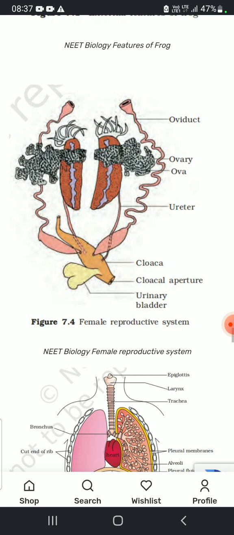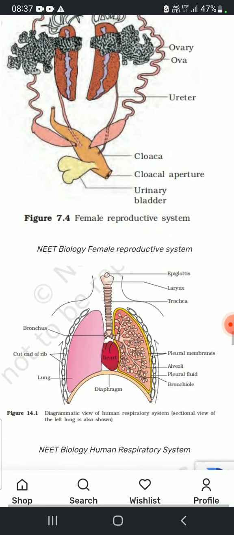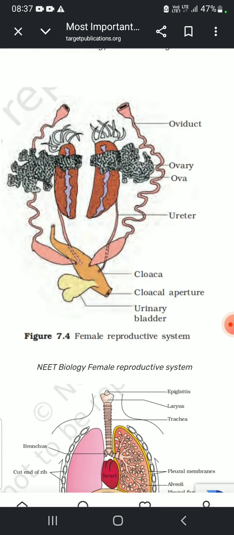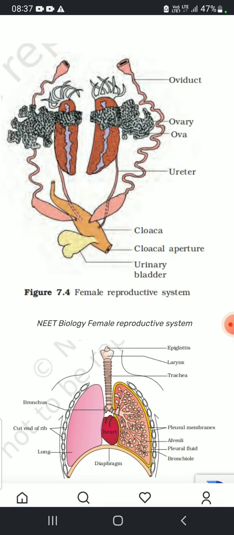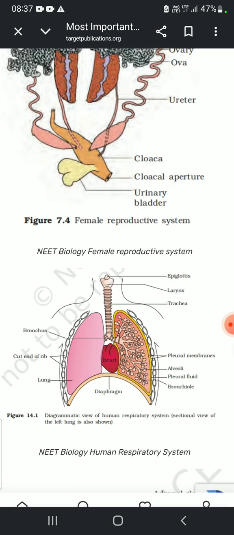This is the female reproductive system, and oviducts are present above. Okay, next, there is no functional connection with the kidneys in female reproductive system, and they open separately.